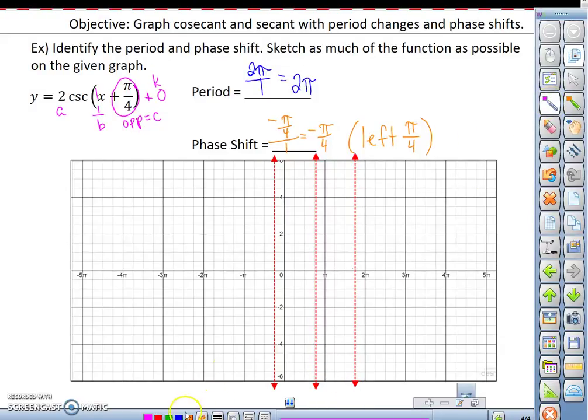All right, so now what we've got for the pieces of the curve. I have to realize that my A value of 2 is telling me I have a vertical stretch that I have to graph. And so now I'm going back to sine again.